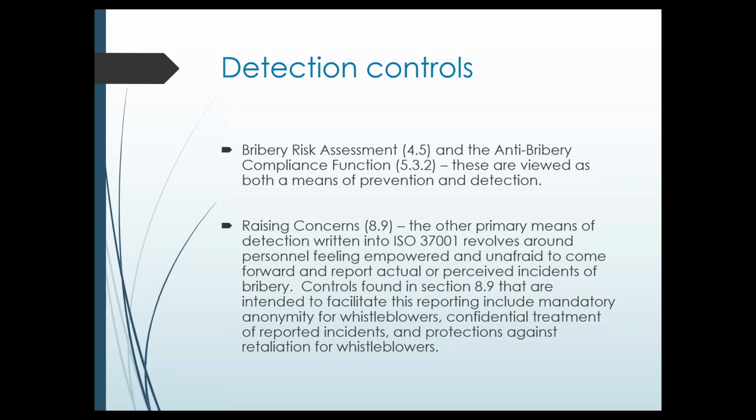Section 8.9 discusses mandatory anonymity for whistleblowers, treating reported incidents in a confidential manner, and protecting against retaliation for whistleblowers, creating an environment where the whistleblower feels safe coming forward and sharing what they have seen or what they think they've seen. Because again, the idea is you can investigate these matters and come to the conclusion that there was no bribery. And that's an acceptable outcome if the investigation was done correctly.